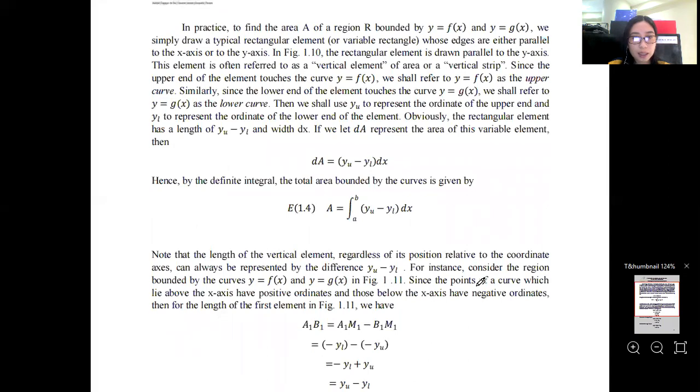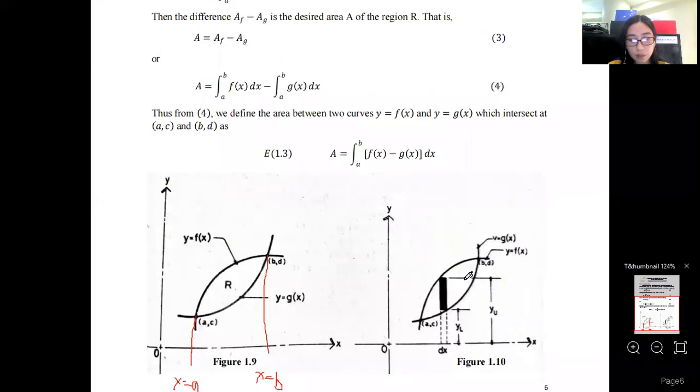So in practice, to find the area A of the region R bounded by y is equal to f of x and g of x, if we look at this strip, we have delta x, and we use y sub u minus y sub l.